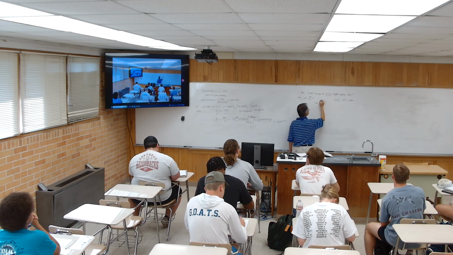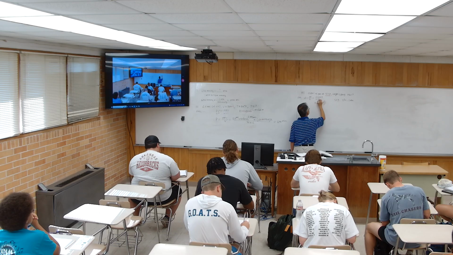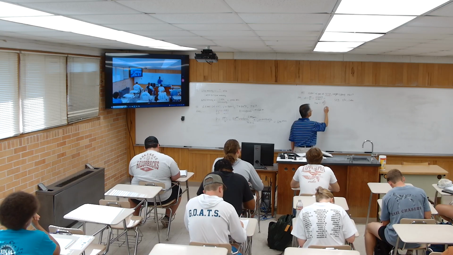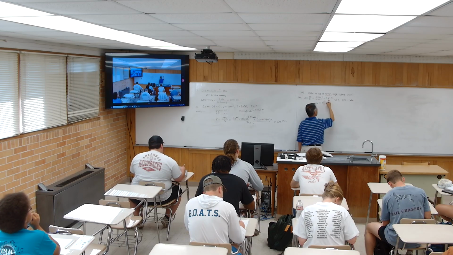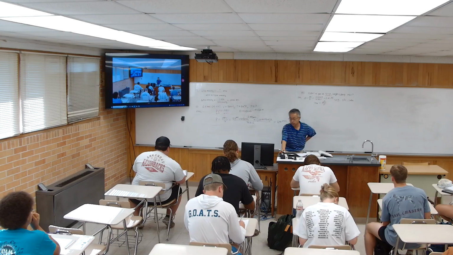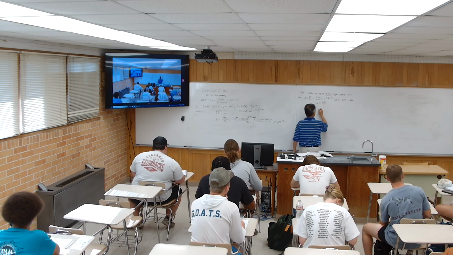So mass is 0.4 gram, volume is 0.28 liter. Use a calculator to find this density. Okay. Now we can use this formula to calculate the molar mass.